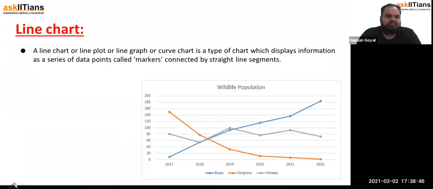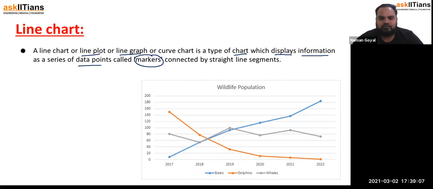Now next is the line chart. In a line chart, we have to draw the data represented by lines. A line chart, line plot, line graph or curve chart is a type of chart which displays information as a series of data points called markers.